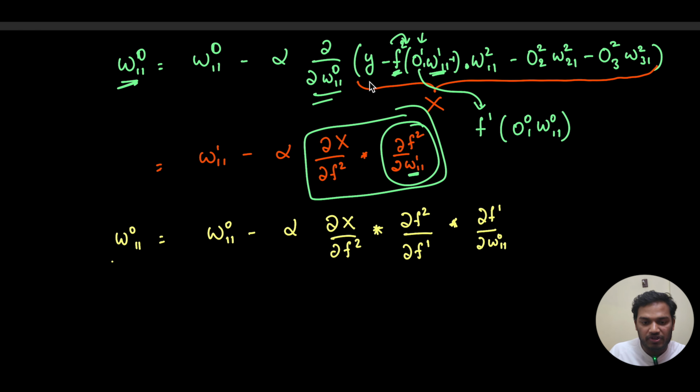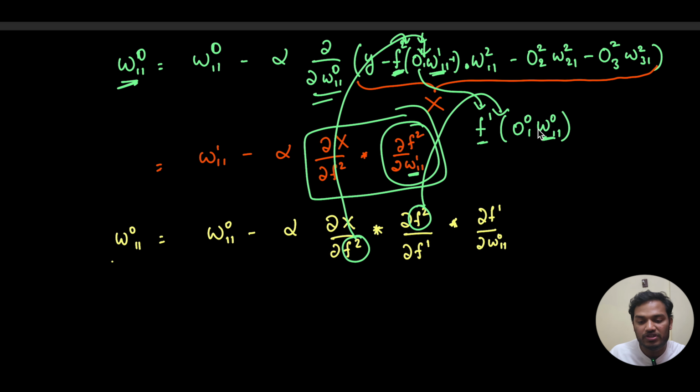So initially we have one function, within that we have another function, within that we have this W011. So first we go into this particular f2 function. Once we are into this f2 function, then we again go into this f1, and once we are into this f1, then we do the partial derivative with this W011. Like that, we'll go till we reach this particular weight. So that's why we'll be doing it in order.